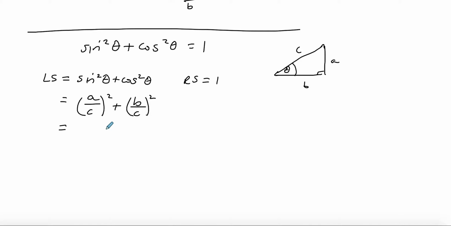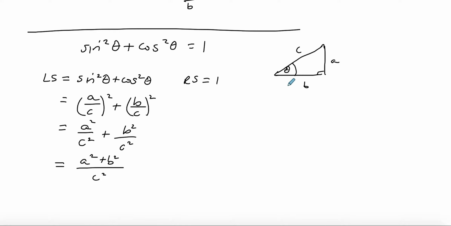So when I try and simplify a little further, I can square the numerator and the denominator for both. And then I can add up my numerators, a squared plus b squared over c squared. And I just have one denominator.